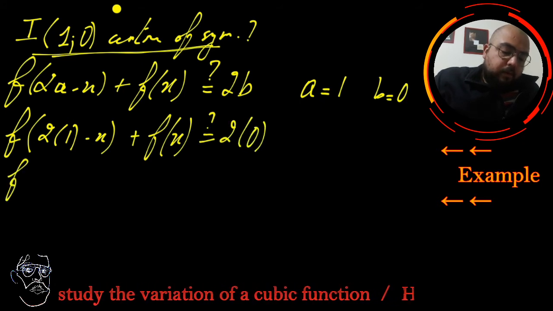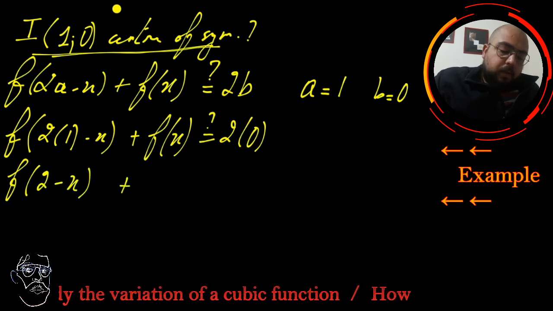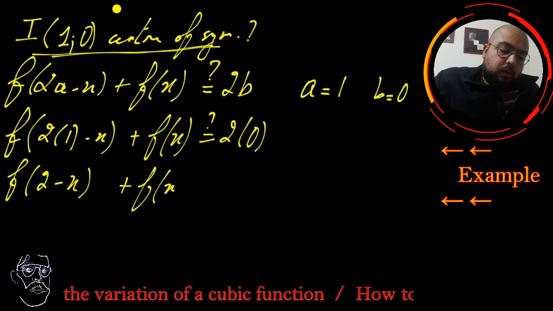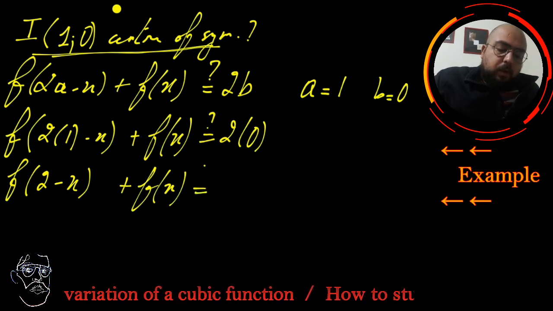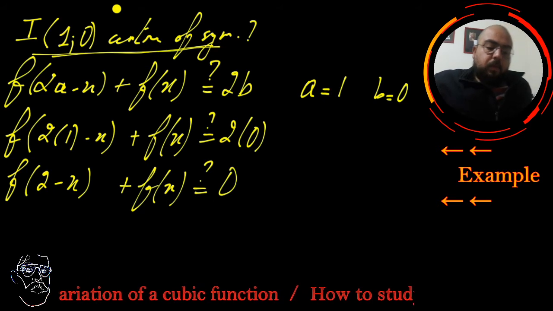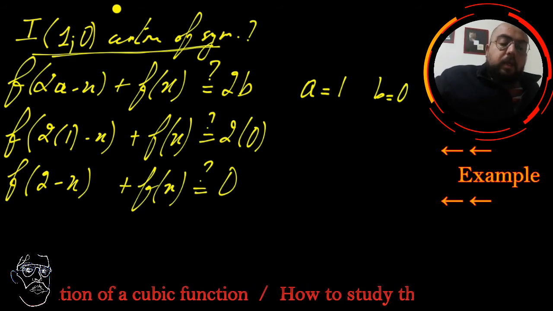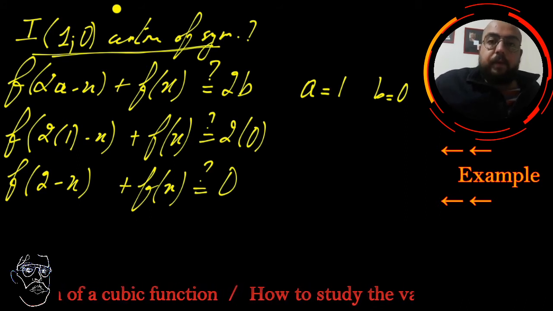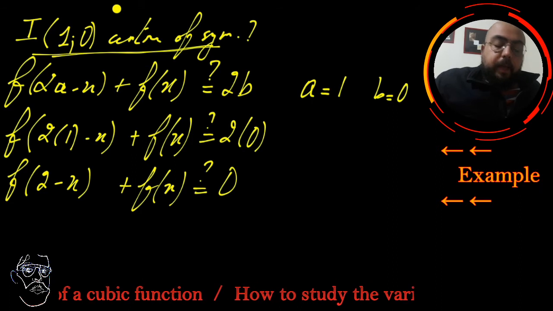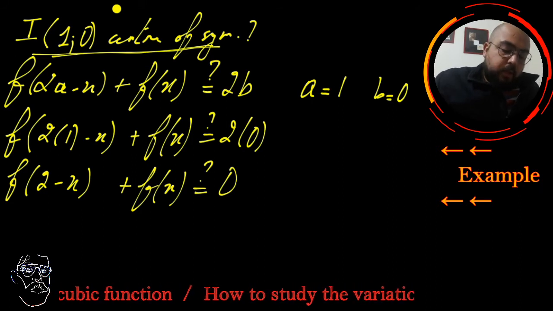So f of 2 minus x plus f of x, will it be equal to 0? So I will have to again take into consideration my function, and then whenever I have the variable x, I'm gonna replace it by 2 minus x. So let's continue.